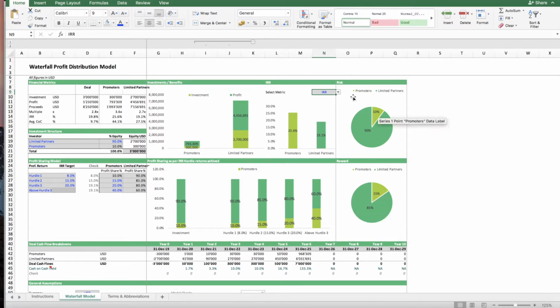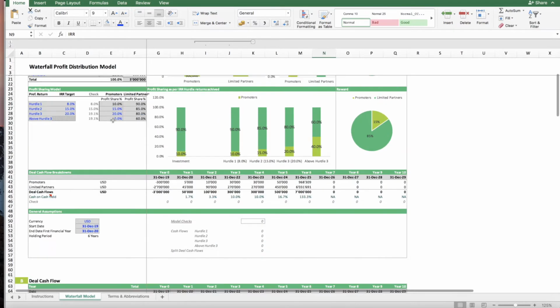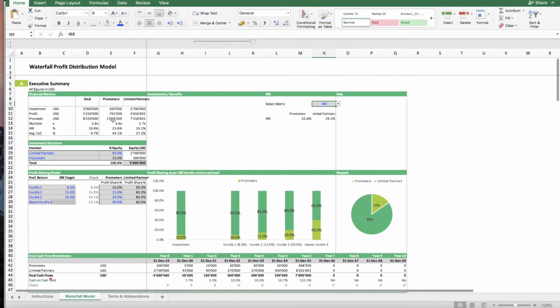This then leads to a discussion of whether that is sufficient for all the parties. This model can also be used as a tool to negotiate the terms of the deal. So that's basically how this works.